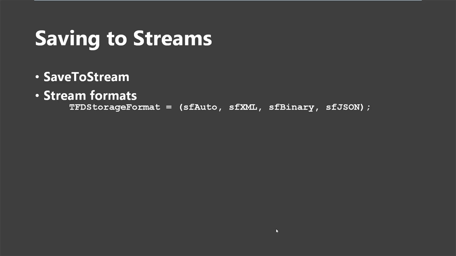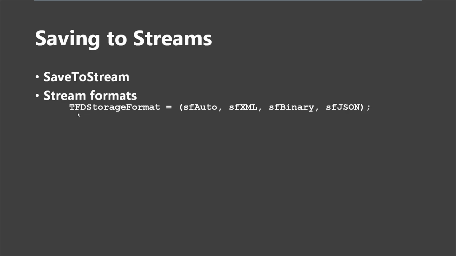Saving to streams. You save to a stream by calling SaveToStream, and when you do so, you pass either one or two parameters. The first parameter is a TStream, and in my example, I'm going to use a TMemoryStream. If you want to include the second parameter, you're including a value of the type TFDStorageFormat.